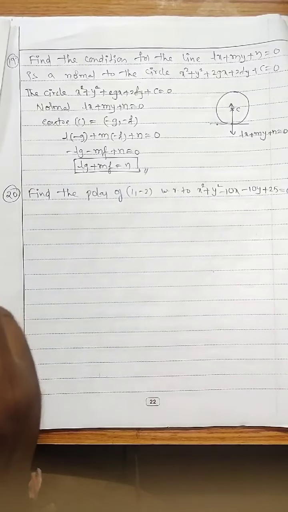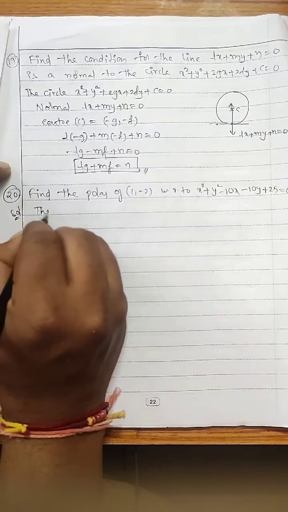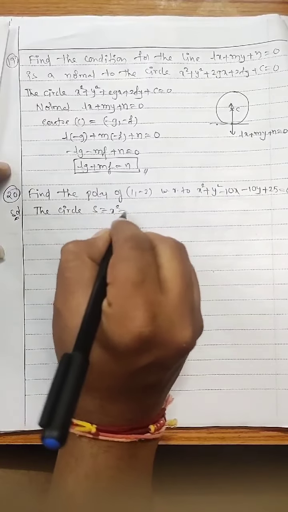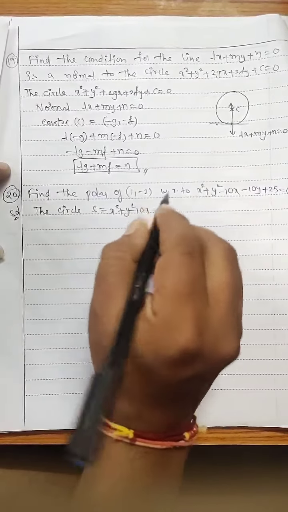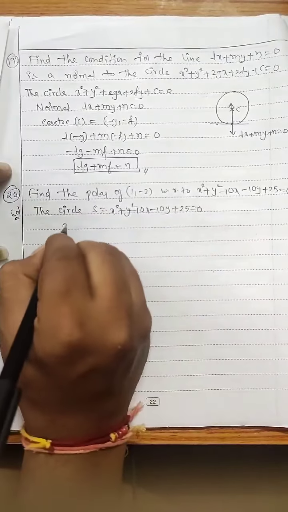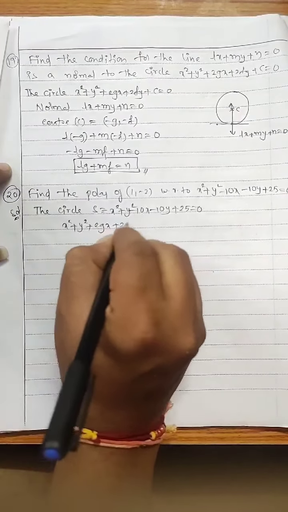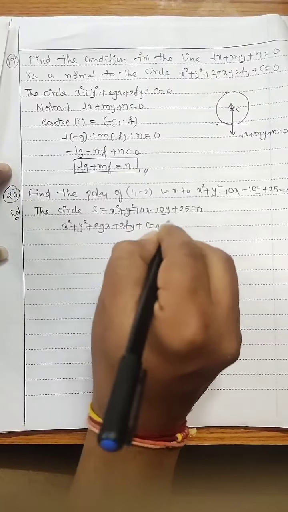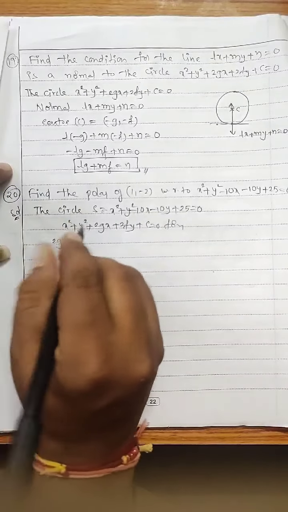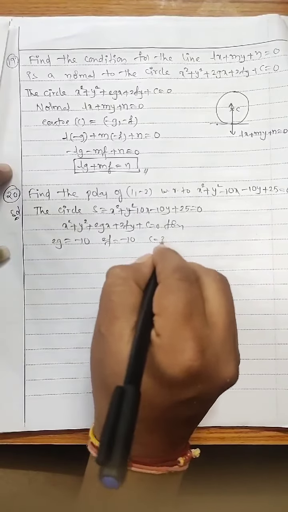So then, the circle equation given here is x square plus y square minus 10x minus 10y plus 25 is equal to 0. This is of the form x square plus y square plus 2gx plus 2fy plus c is equal to 0. So if you compare them both, we get 2g is equal to minus 10, 2f is equal to minus 10, and c is equal to 25.